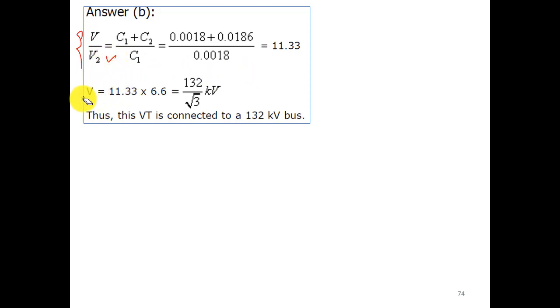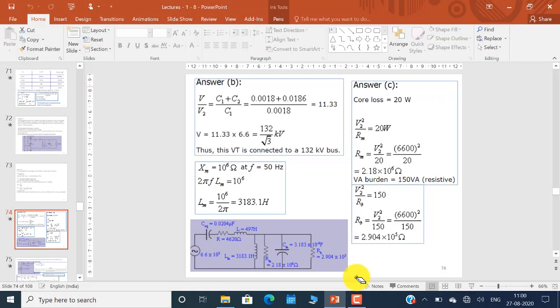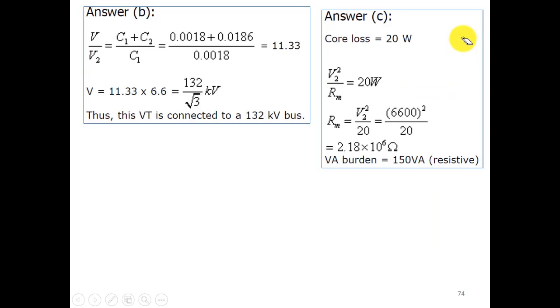Substituting this we'll find it is nothing but 132 by root 3, and the line voltage will be 132 kV. So this is the answer to question B. Let us see the answer to question C.